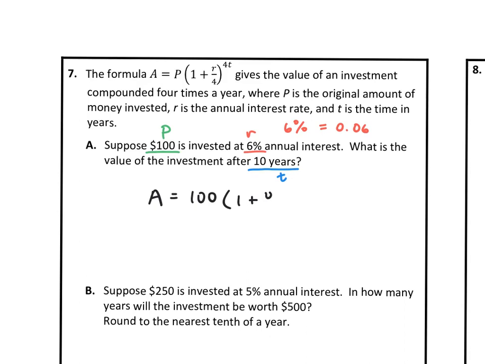So I'm going to write 0.06 divided by 4, close parentheses. And some of you may be wondering, where did I get this 4 from, right? Remember, I'm just copying this formula given to us, and it's r divided by 4. 0.06 divided by 4. Then we're going to raise it to the power of 4 times 10.